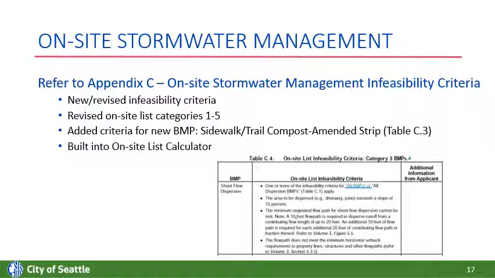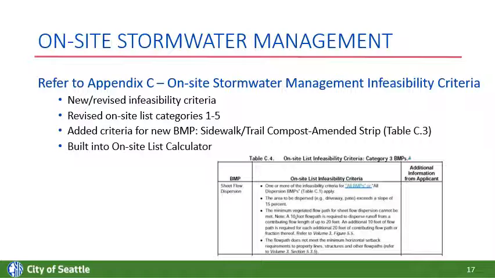Some of the changes: there's some new and revised feasibility criteria, which I won't get into all the detail here, but that can be looked at in Appendix C for the on-site stormwater management and feasibility criteria. There's also the on-site list has been revised to have categories 1 through 5 instead of previously 1 through 4.